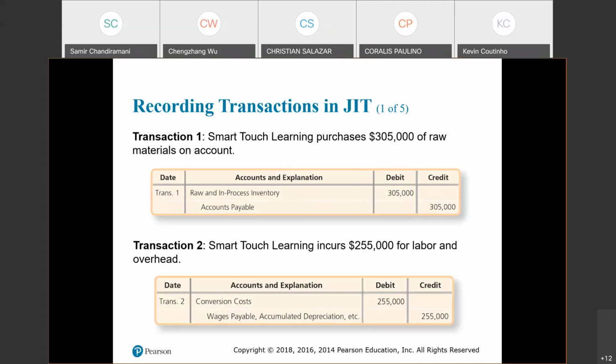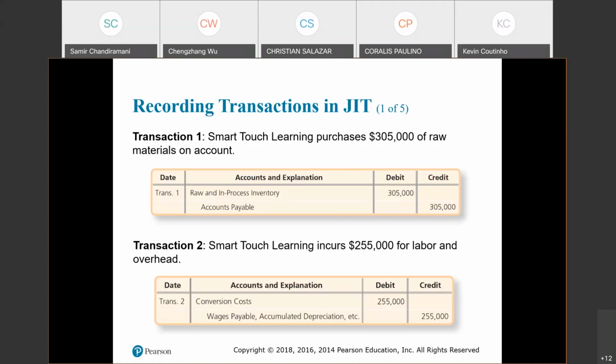First, the company purchased $305,000 of raw materials on account. So, since it is an on-account purchase of raw materials, the credit account should be accounts payable.